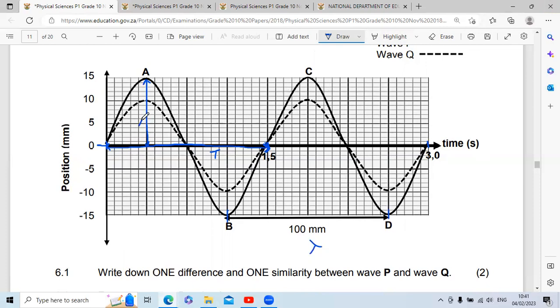So this is the amplitude. What can you say is different between the two waves?